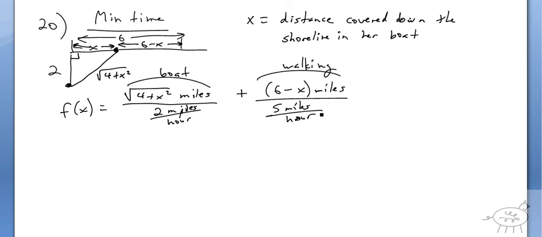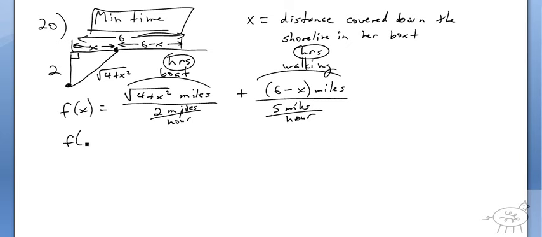If you calculate this out, each of these becomes hours. That's what we're doing here, math fans. We're trying to minimize time. So if we have a function in terms of time, we're good to go.